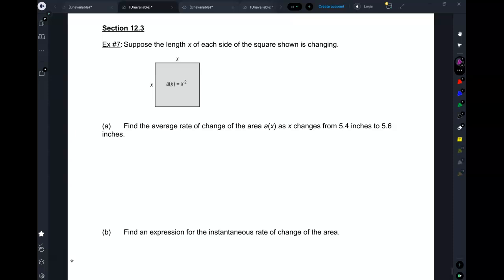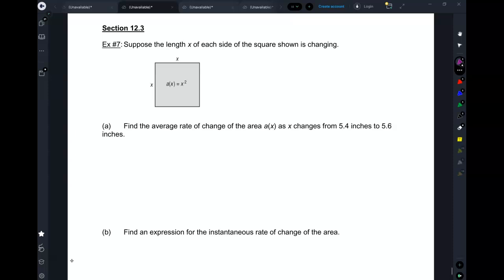Suppose the length x of each side of a square shown is changing. So suppose somebody is dragging this back and forth or whatever, and the length x is changing. Find the average rate of change of the area, A of x, as x changes from 5.4 to 5.6. If you want the average rate of change, it's the final value minus the initial value divided by the difference, right?